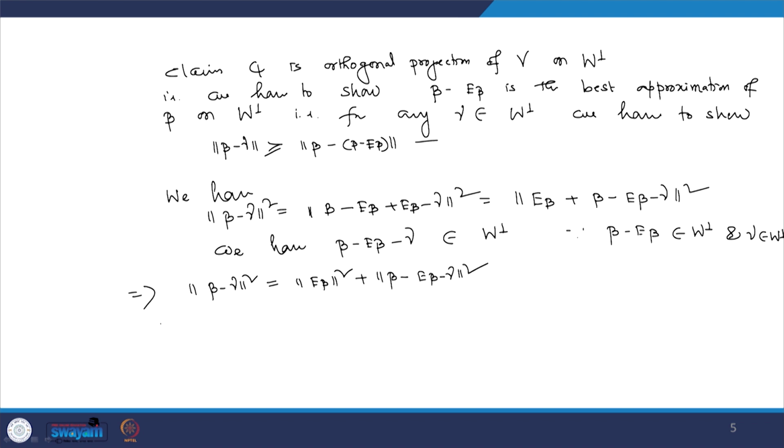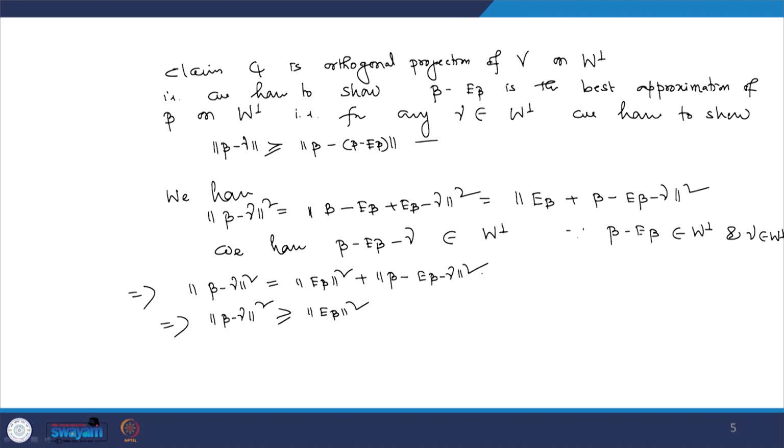So this implies norm of beta minus gamma whole square is greater than or equal to norm of E beta square, because norm of beta minus E beta minus gamma whole square is a positive quantity.